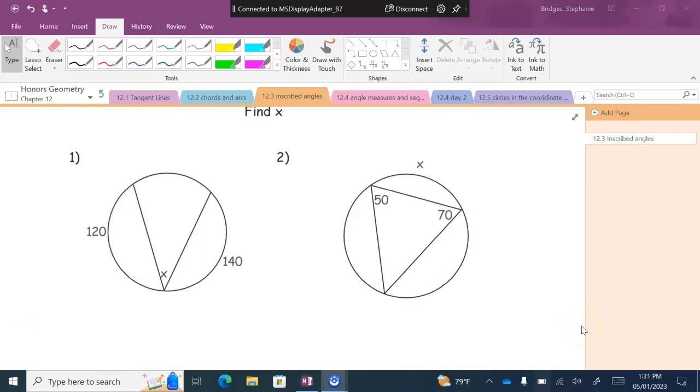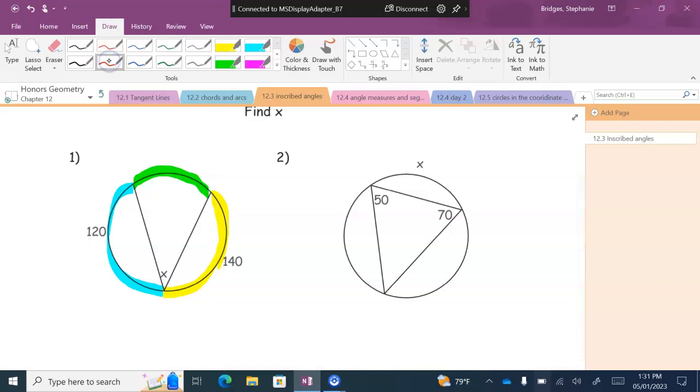You especially who are struggling, yes? Everybody listening. Look at your pictures, okay? This arc right here is how many degrees? 140. And this arc is 120, which is basically the entire circle except for that top part, correct? So can we figure out what this top is? How many degrees is the circle?